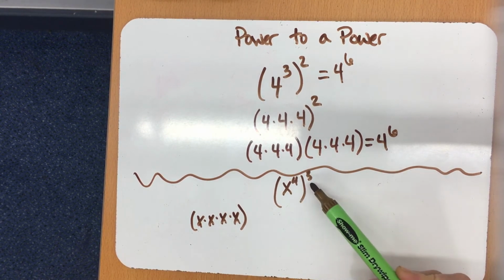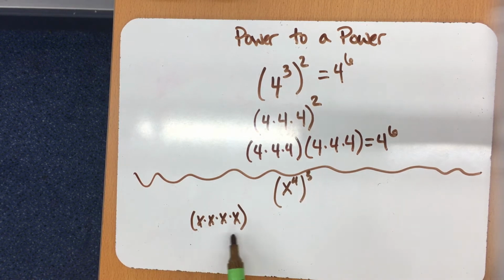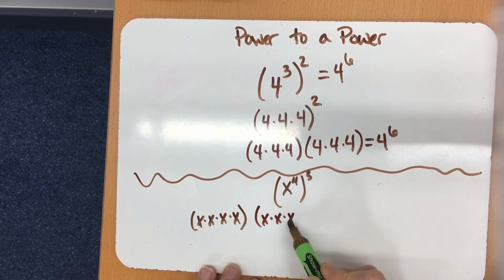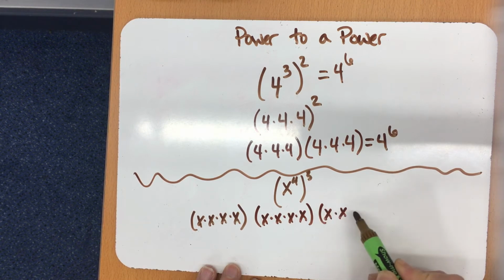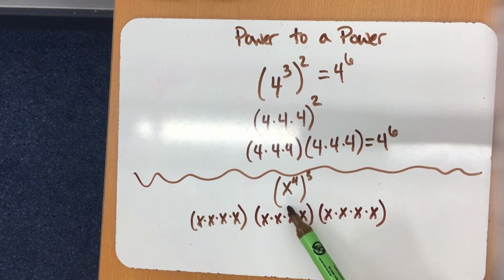On the outside of the parentheses, it tells me to take this stuff to the 3rd power, which means really I've got this 3 times. So I've got a second set of 4 x's multiplied, and a third set of 4 x's multiplied. This is what x to the 4th power to the 3rd power looks like if you expand it all out.